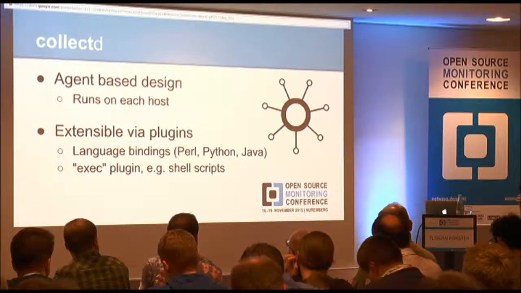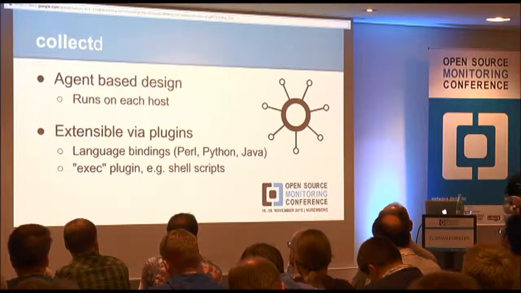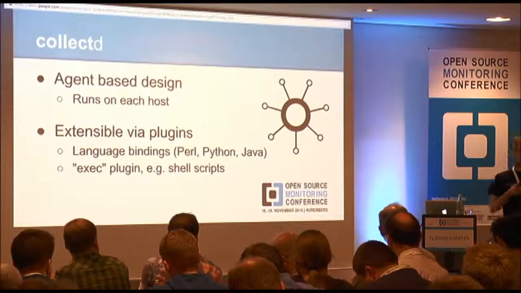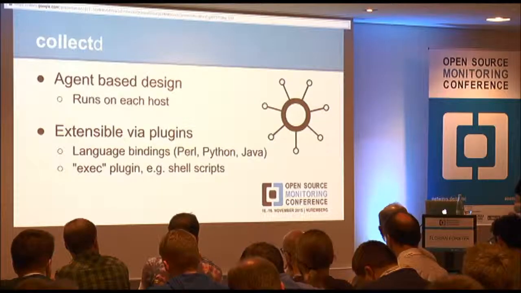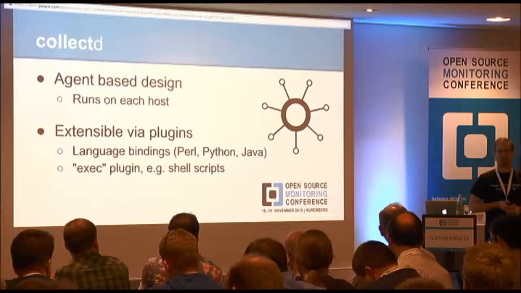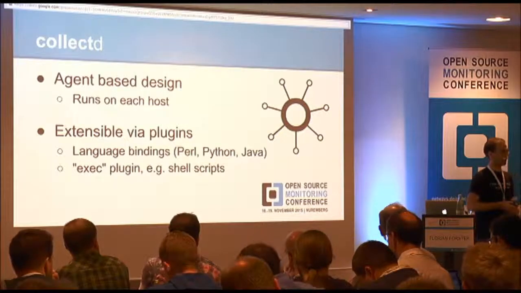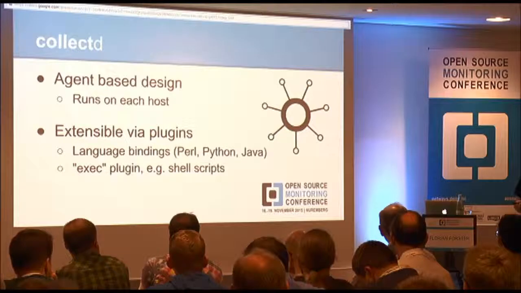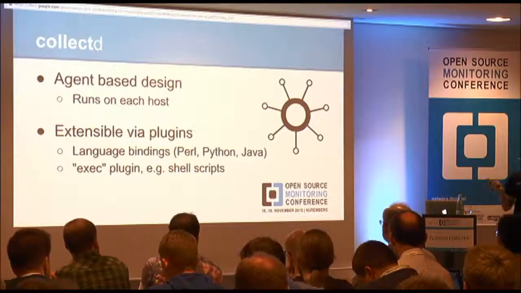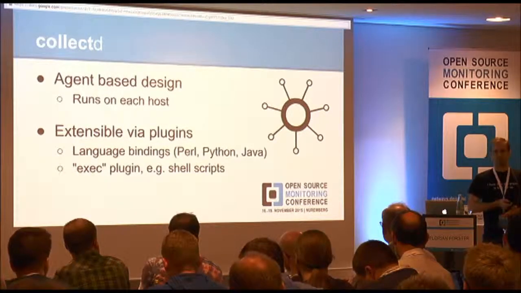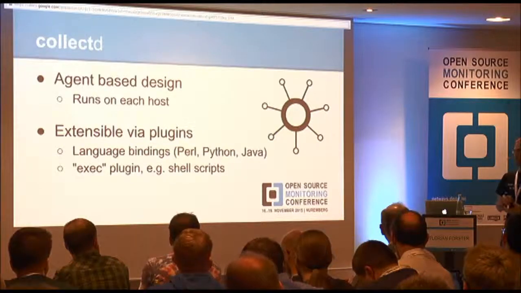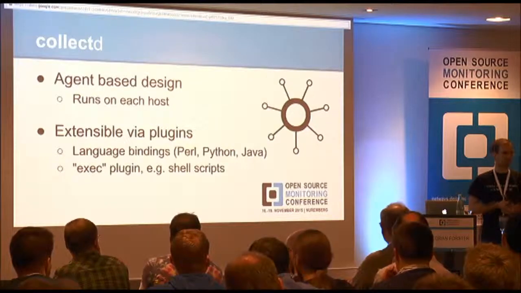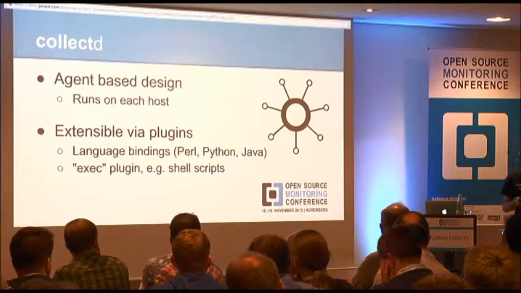You can write your own plugins in a variety of languages. The daemon itself is written in C. Most of the plugins that come with the daemon are written in C. You don't have to write C if you don't like writing C, and I assume that there are many sysadmins in the audience. Sysadmins tend to prefer scripting languages. We have language bindings for Perl, Python, and Java, if you want to call that a scripting language. I'm not a huge fan of Java, but it has its uses.